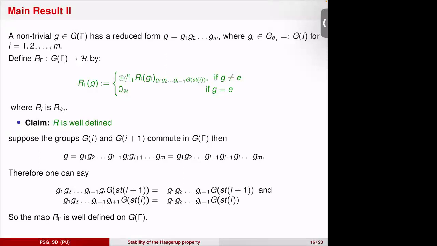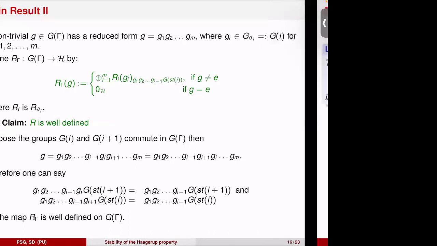Since this relation is present, the reduced form is not unique, so we have to check whether R is well defined or not. But you can easily see from the equations written below that the position of the vectors will be the same even if we commute the element gi with g_{i+1}. Since the position remains the same, the vector R gamma is well defined.